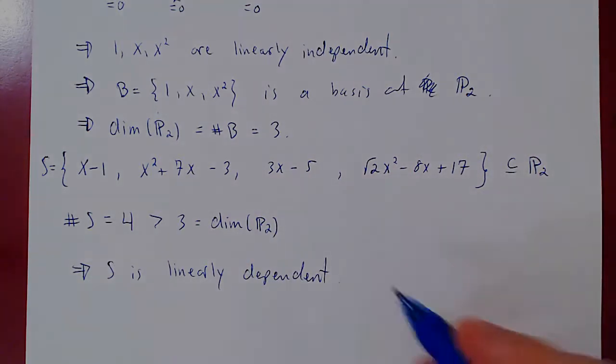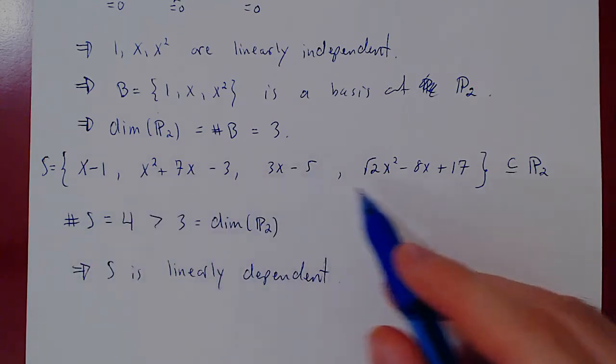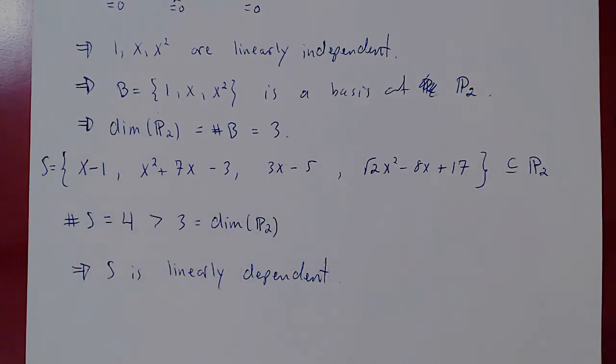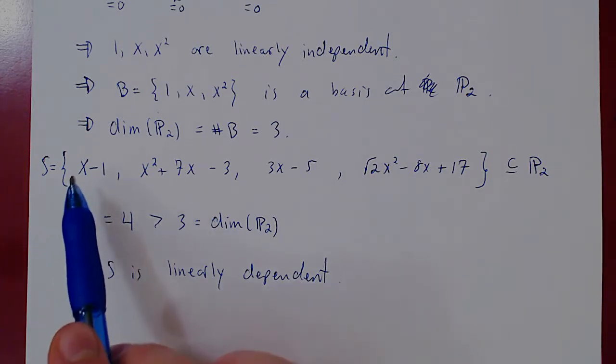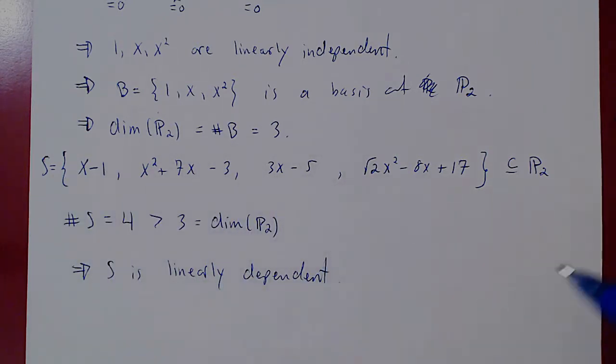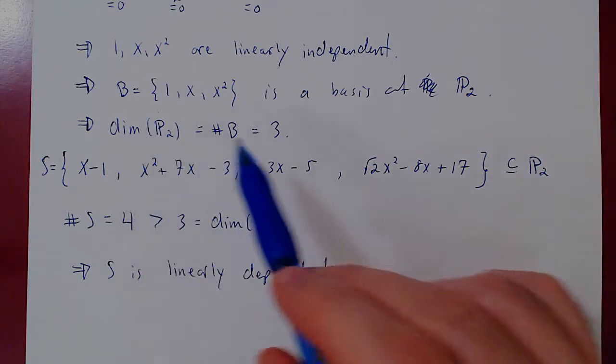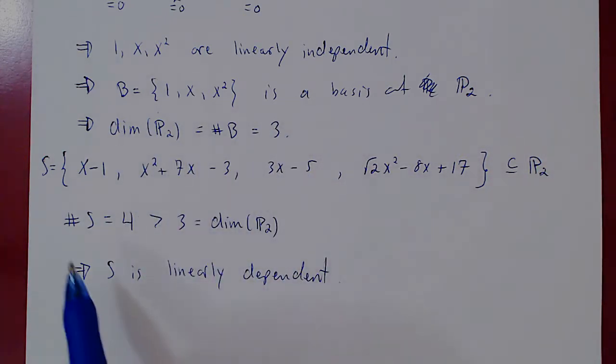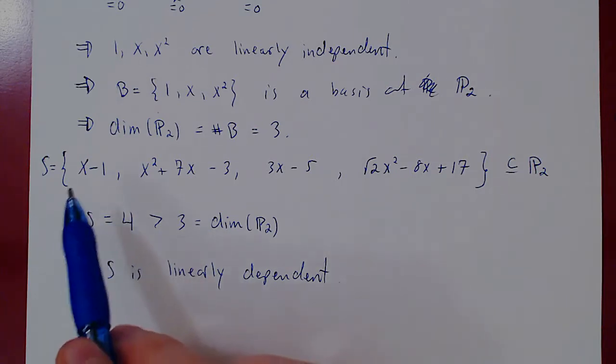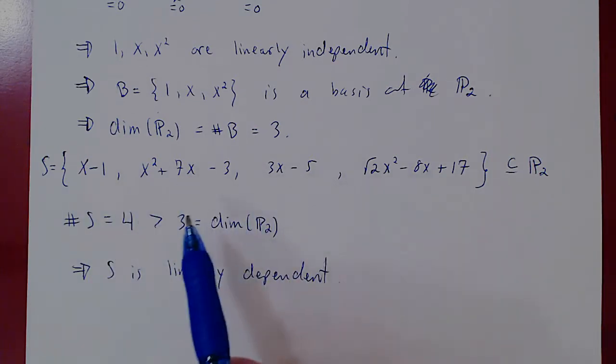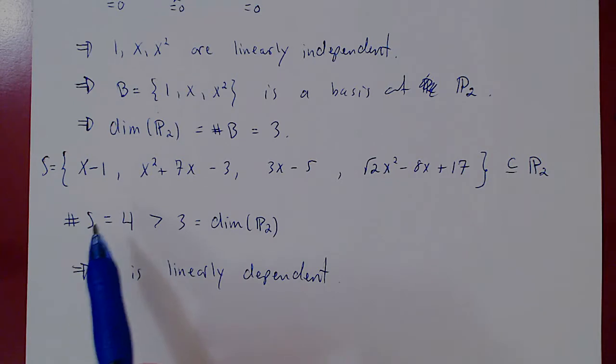So no need to consider linear combinations of these four polynomials being equal to the zero vector and trying to solve for the coefficients. As we have four polynomials living in the vector space P2, and that is a three-dimensional vector space, and as we have more vectors than dimensions, automatically the set is linearly dependent.